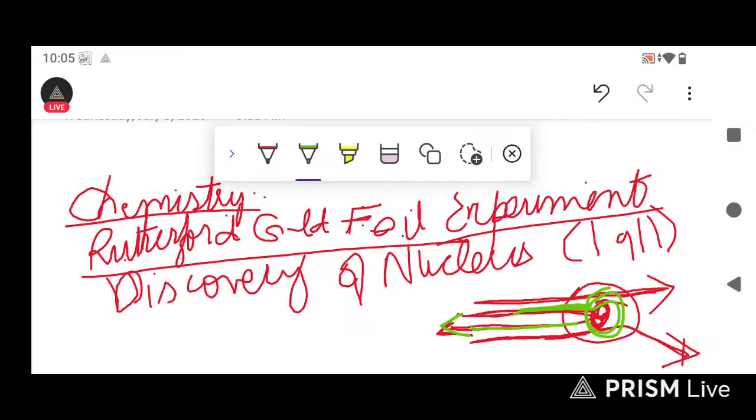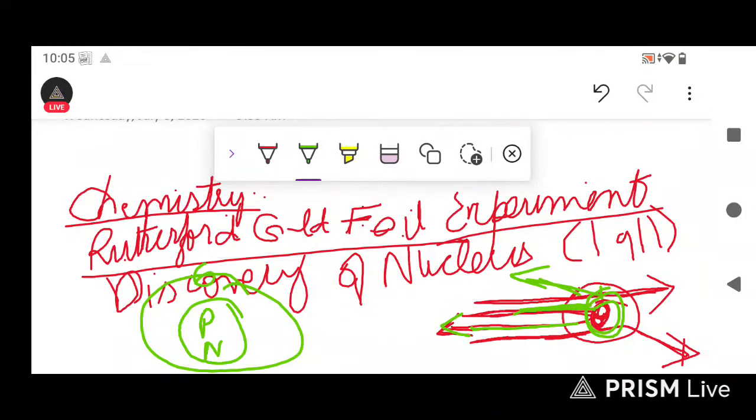So he called the center the nucleus. Protons and neutrons reside inside the nucleus by the strong nuclear force, while the electrons revolve around the nucleus. I think this concept is very clear to you.